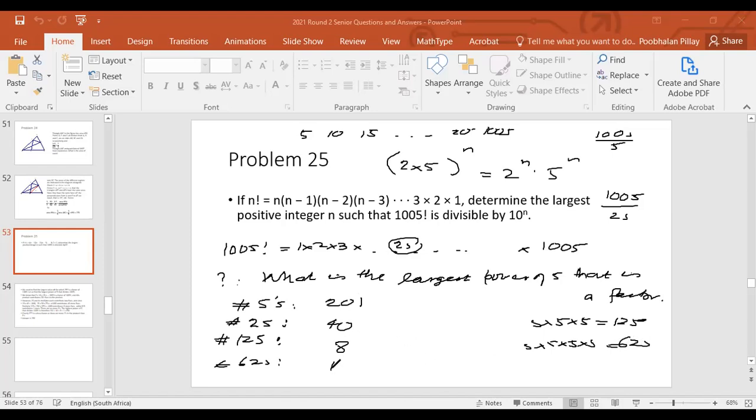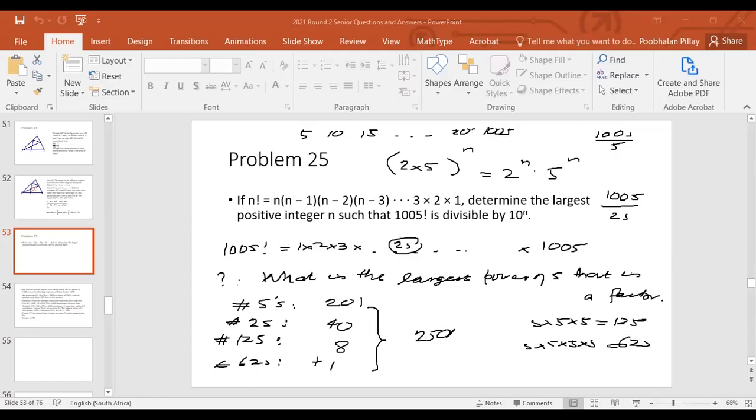So the total number is simply, you add up all these things. 8 plus 2 is 10. Oh, no, this is 200. I got 250.